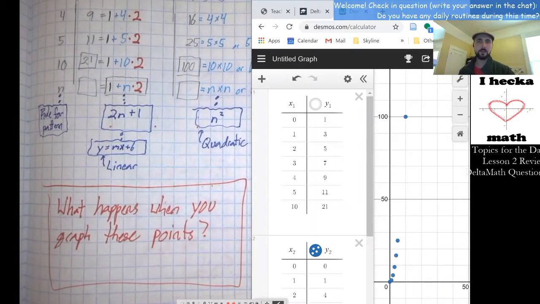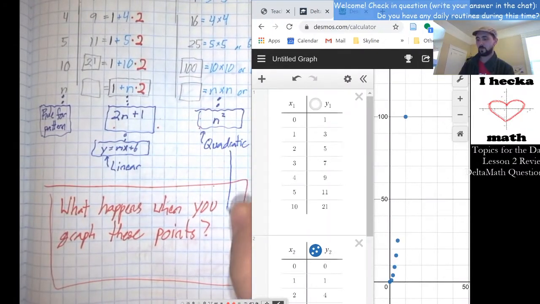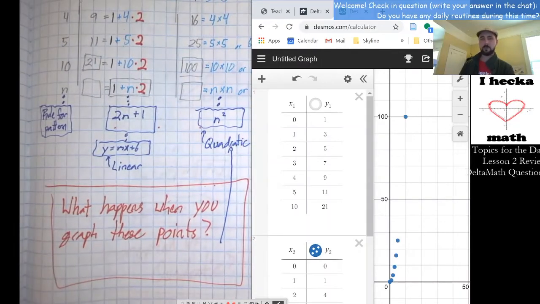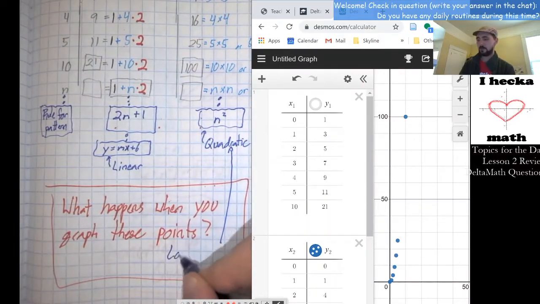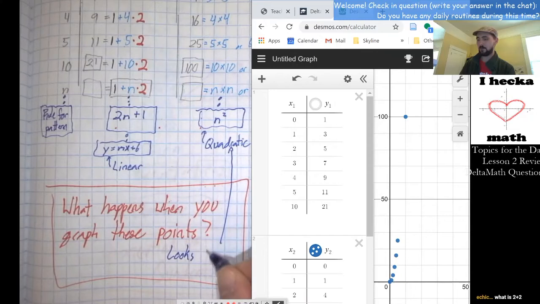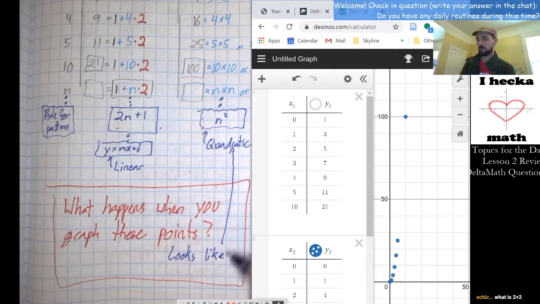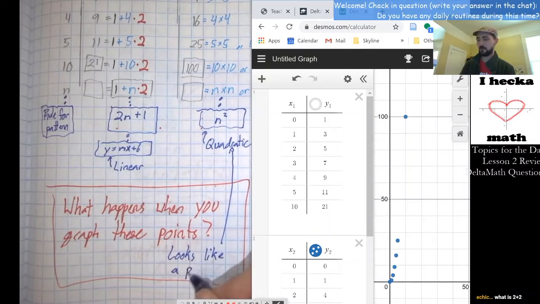We say the linear one looks like a line, and the other one, the quadratic one, looks like a parabola.